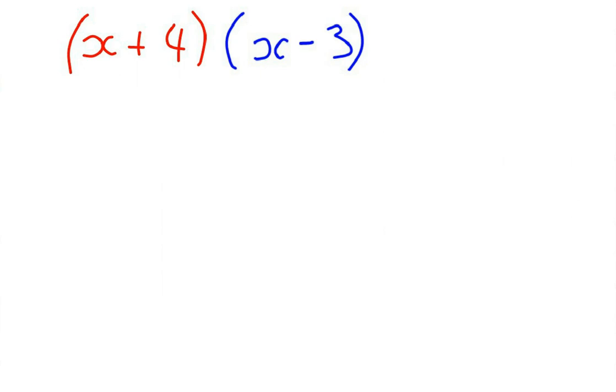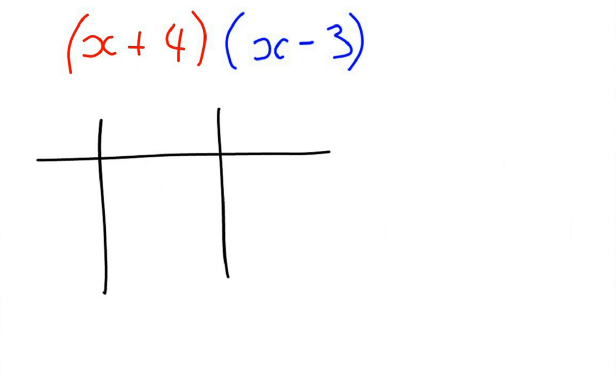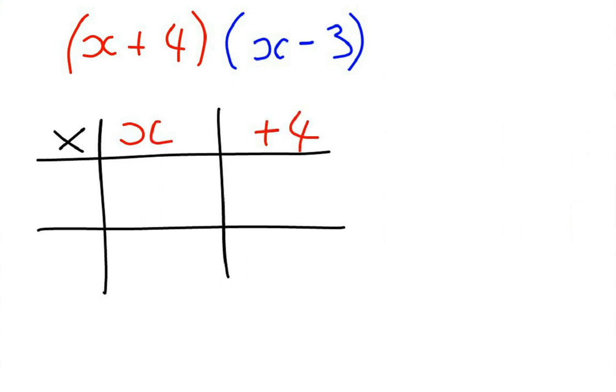As we did before, the first step is to draw out my grid, and we're multiplying here. In the top I'm going to put my x plus 4, and down the side I'm going to put my x minus 3.